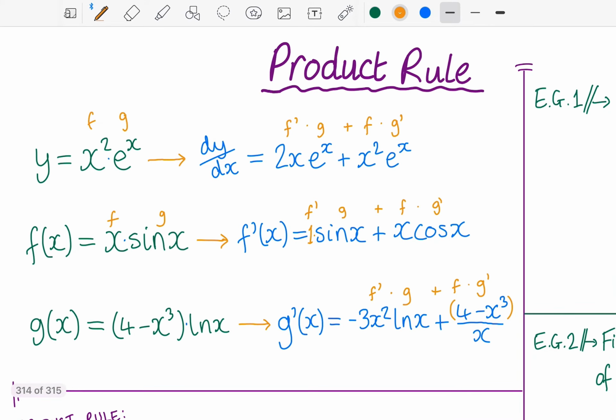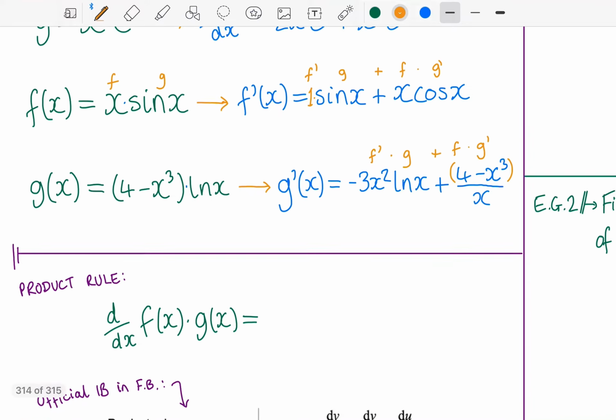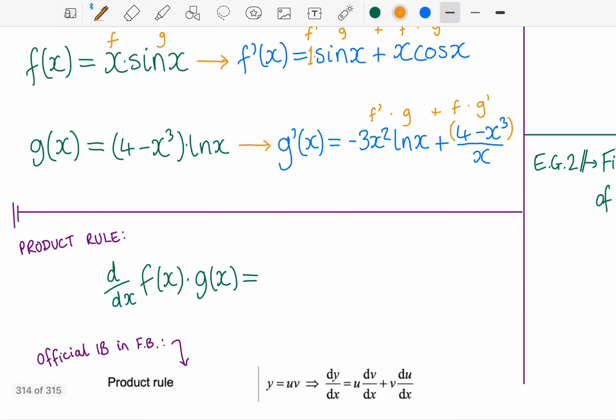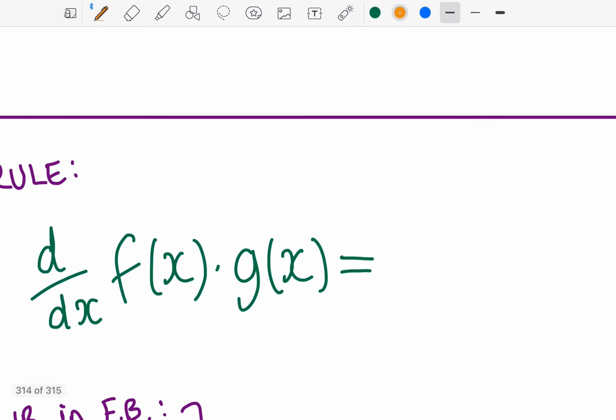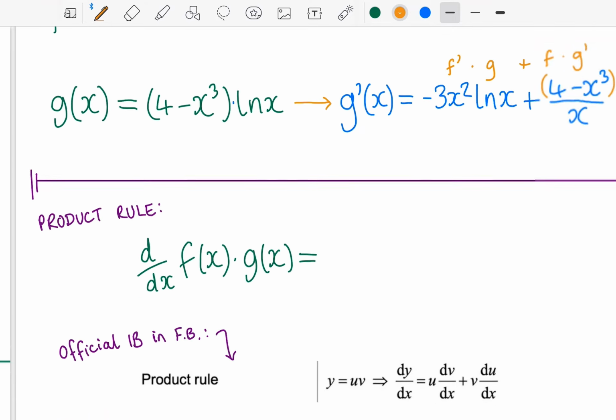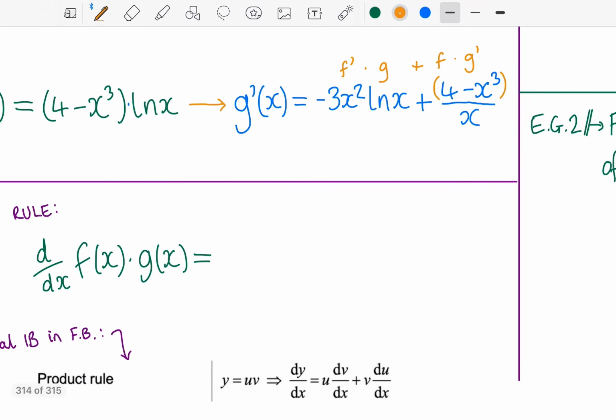So it looks like I have the same thing going on in all three of these examples, so that is indeed my rule. If I have to differentiate f of x times g of x, two functions multiplied together, my rule will be the derivative of f times g plus the original f times the derivative of g.